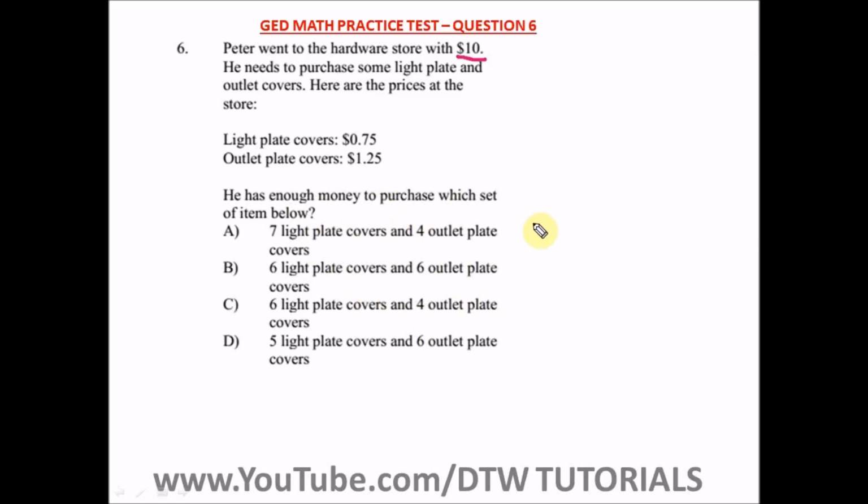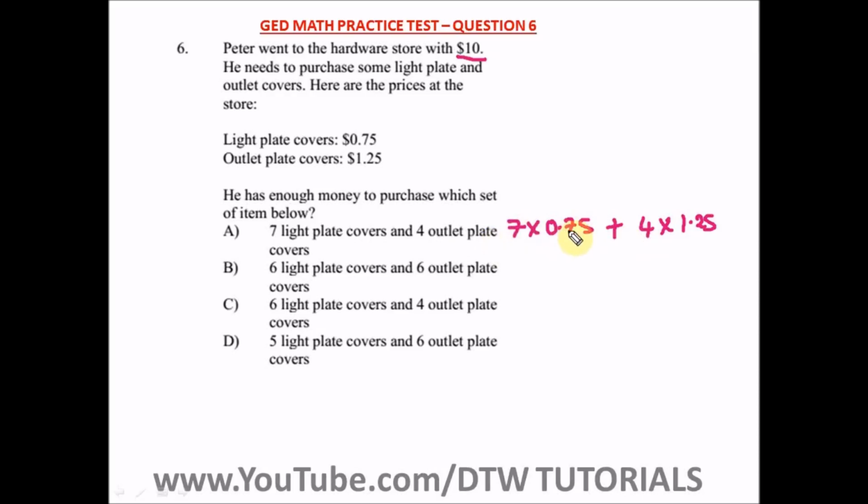So for these 7 light plate covers, what is the cost of each light plate? That is 75 cents. So we have 7 times 0.75 plus 4 times the cost of the outlet plate covers, which is $1.25. That's 7 light plate covers and 4 outlet plate covers.